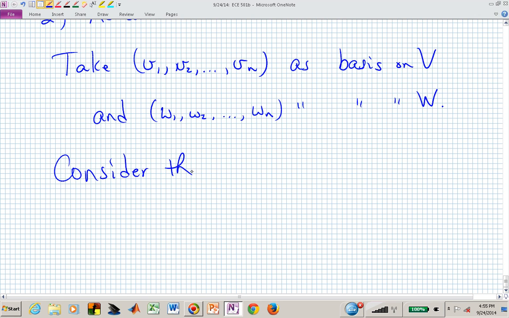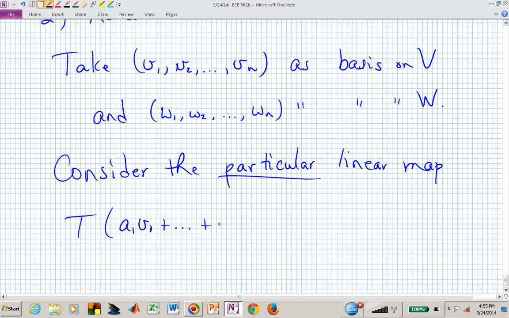Consider the particular linear map, let's say T operating on a1 v1 plus dot dot dot plus a sub n v sub n is taken into a1 w1 plus dot dot dot plus a sub n w sub n.